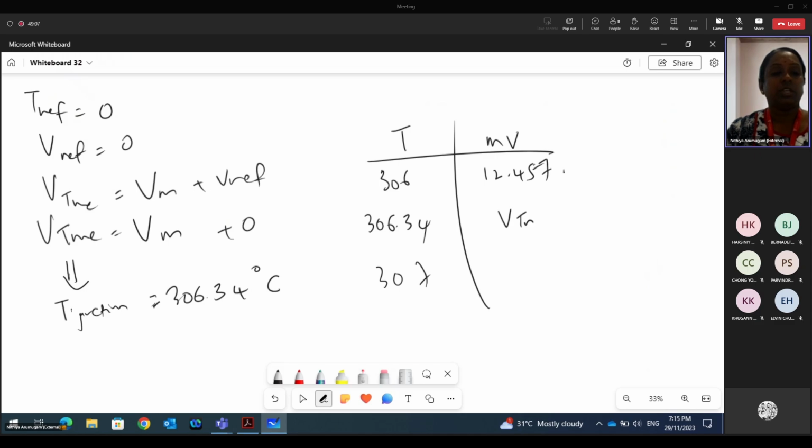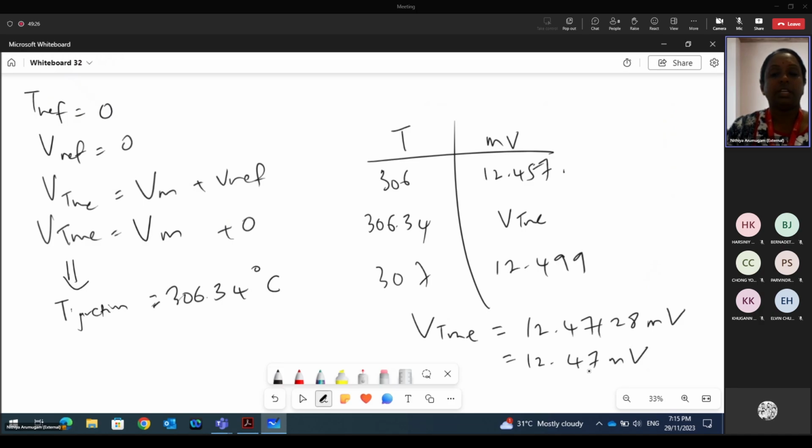V true is the one that we are finding. From here, we can get the V true by doing the interpolation. We get 12.47128 milliwatt, or you can round that to 12.47 milliwatt.